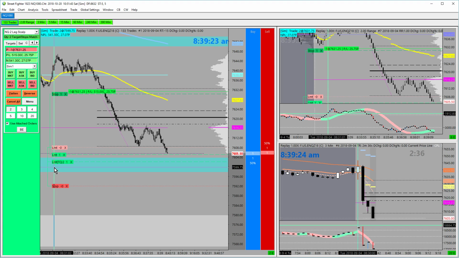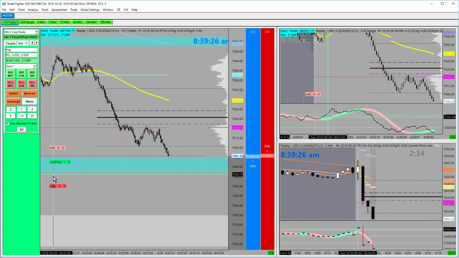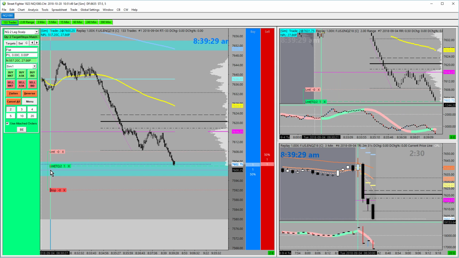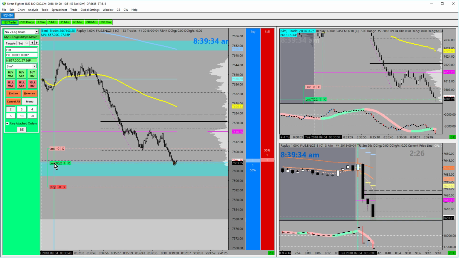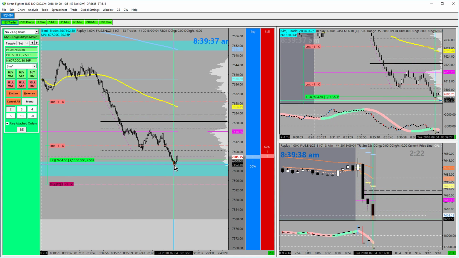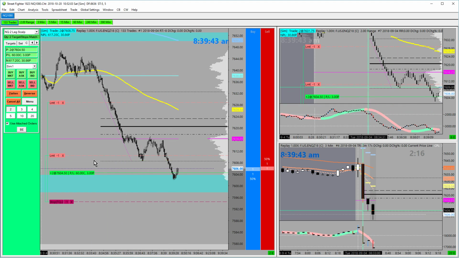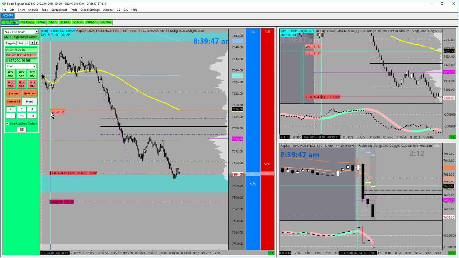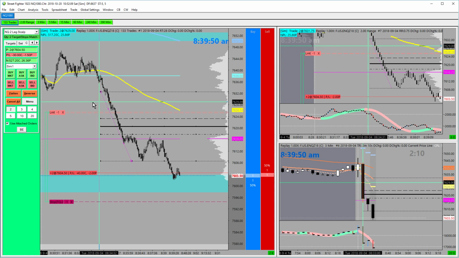Get on down there. Boom. We're out of that short. And oh, don't be like that. Here, just give me this. Give me it. Okay. Got down in there, touching it just by a tick. So annoying. And from there, I would expect at least back to VWAP.